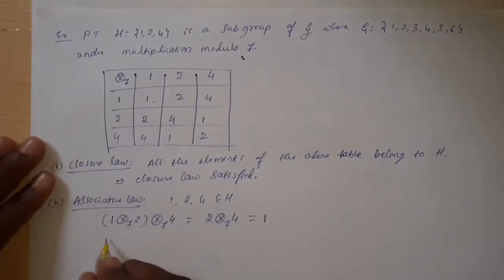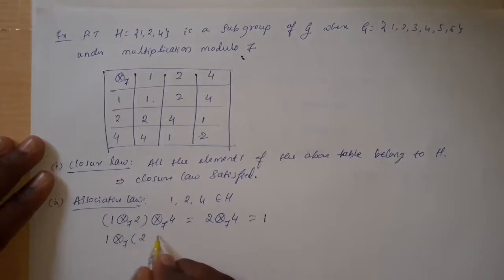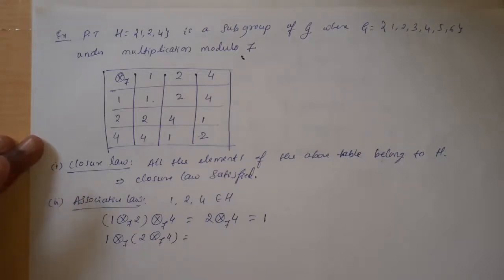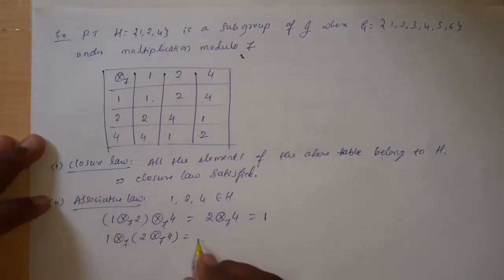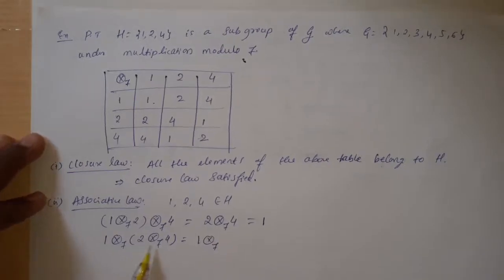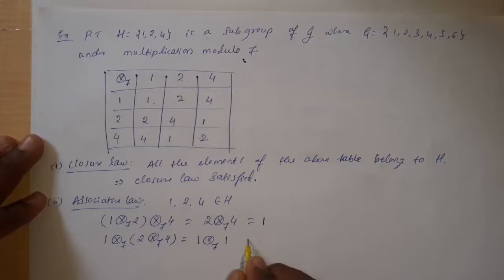And here 1 multiplication modulo 7 into 2 multiplication modulo 7, 4, right. Then this one as it is, 1 multiplication modulo 7. Then now consider the product of 2 and 4. So 2 into 4 is equal to again 8. Then if you divide that 8 by 7, we are getting the remainder as 1. Then 1 into 1 is equal to 1.